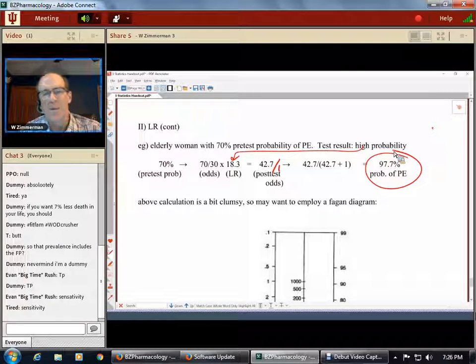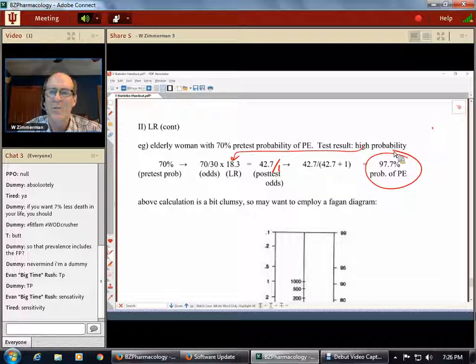So this is not such a great test. Remember, the sensitivity is pretty bad, but we did this elderly woman, and we may be able to avoid doing an expensive invasive angiogram. Sometimes the dye hurts the kidneys and all this kind of stuff. Now we're 98% sure she's got pulmonary embolism.